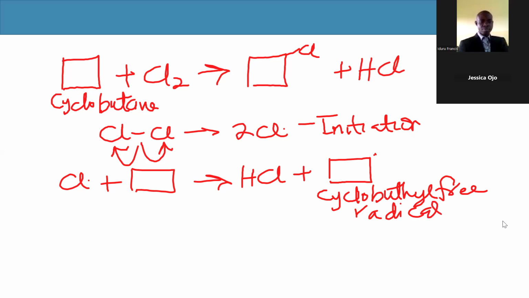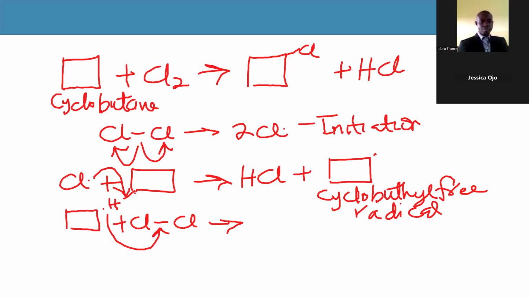And then the second step, that will be this plus Cl dot. Remember here is like this, so the arrow comes this way. The same thing, the dot is there, so it can come like this. What do we get?